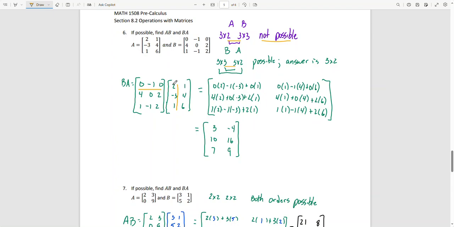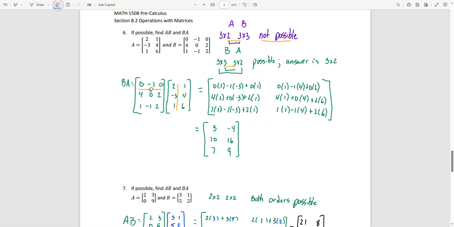So 0 times 2, negative 1 times negative 3, and 0 times 1. Row 1 times column 1 lands in row 1, column 1. And then I'm going to take row 1 and multiply it by column 2, and that ends up in row 1, column 2.